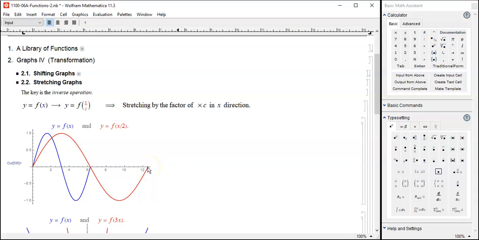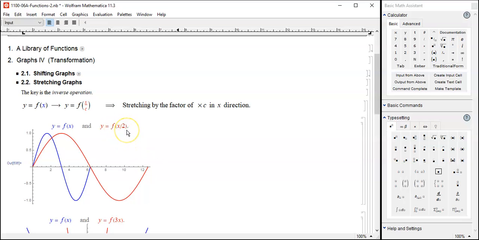Now, stretching by a factor of 2, so multiplying the x coordinate by 2, do the inverse operation. So we divide by 2. So in place of x, we have x divided by 2. See this? I'm going to double the x coordinate so that I'm stretching. So we go backward. Inverse operation.